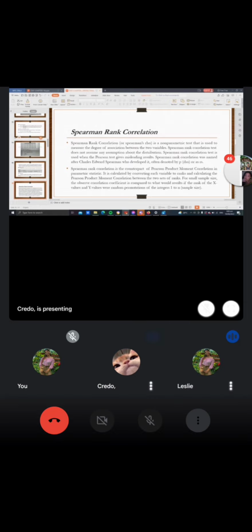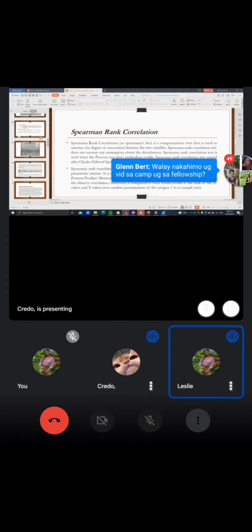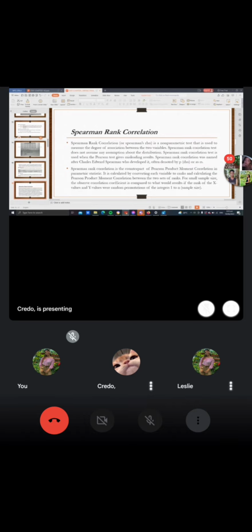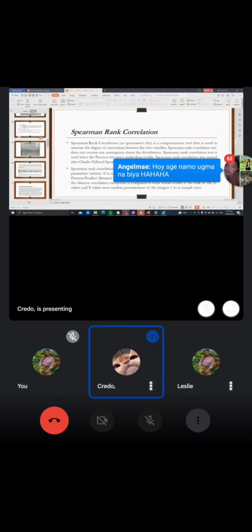So in statistics, Spearman's rank correlation coefficient, or Spearman's rho, named after Charles Spearman and often denoted by the Greek letter rho or as rs, is a non-parametric measure of rank correlation. It assesses how well the relationship between the two variables can be described using a monotonic function. Next.